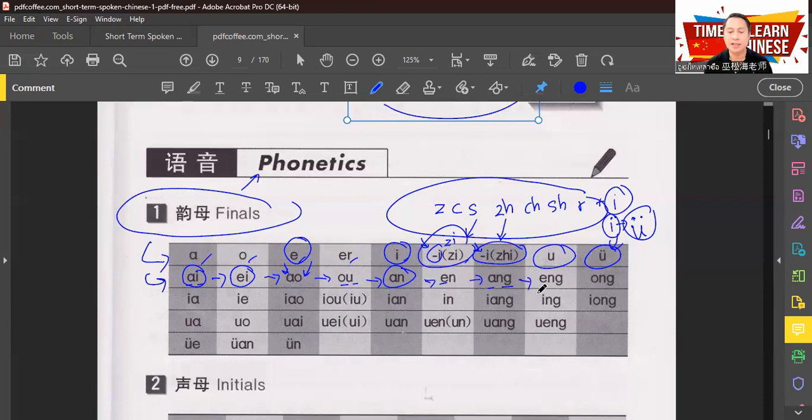E and NG mixed together. Again, please. E and NG. Okay, let's do the next one. O and NG. O is O or all. And NG mixed together is ong.